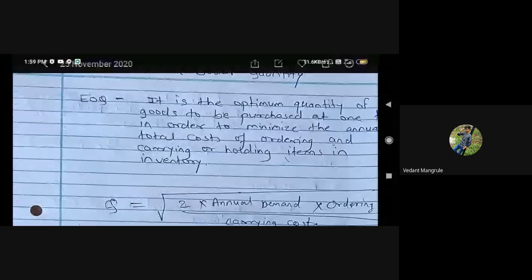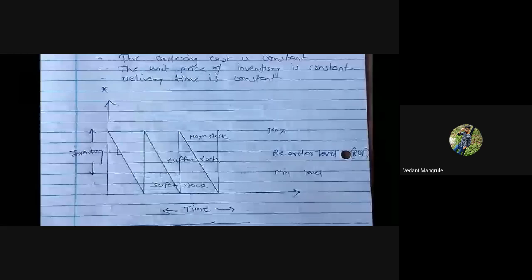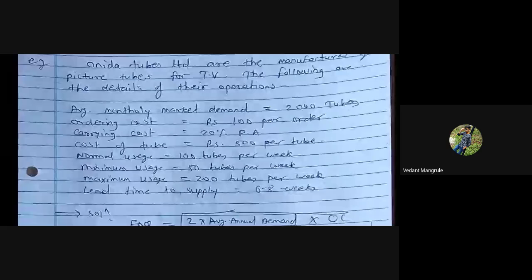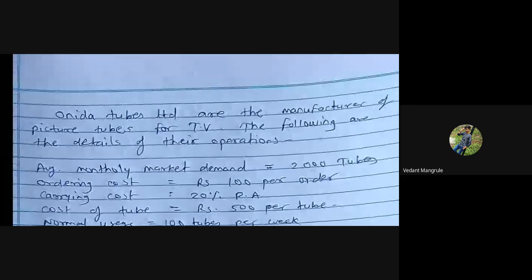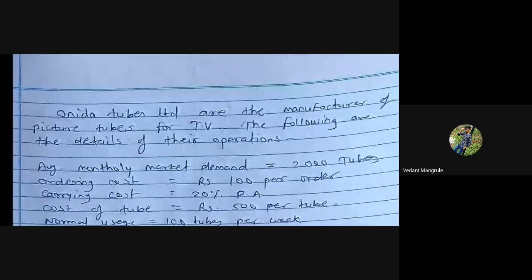So we will take a problem on them. This graph is also important; in the examination they may ask. These types of problems are also asked on the EOQ model. Suppose one example: Onida Tubes Limited, whatever the company name is.